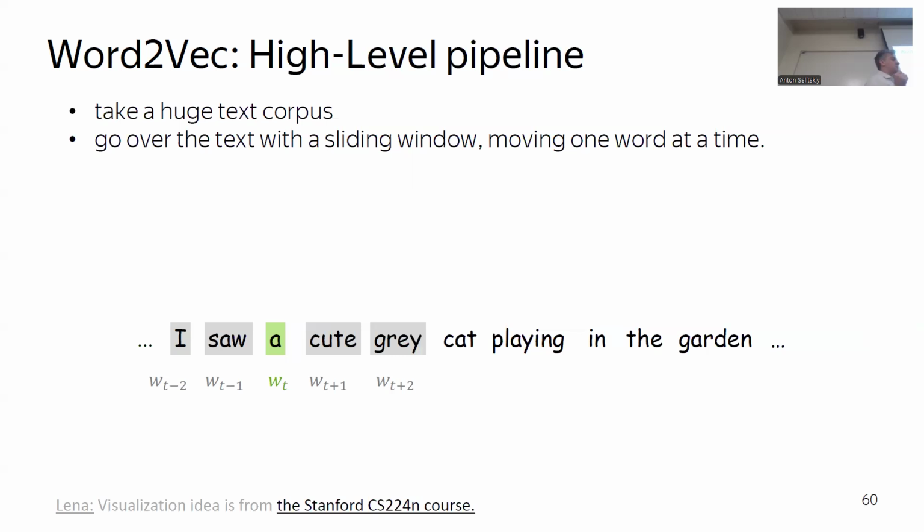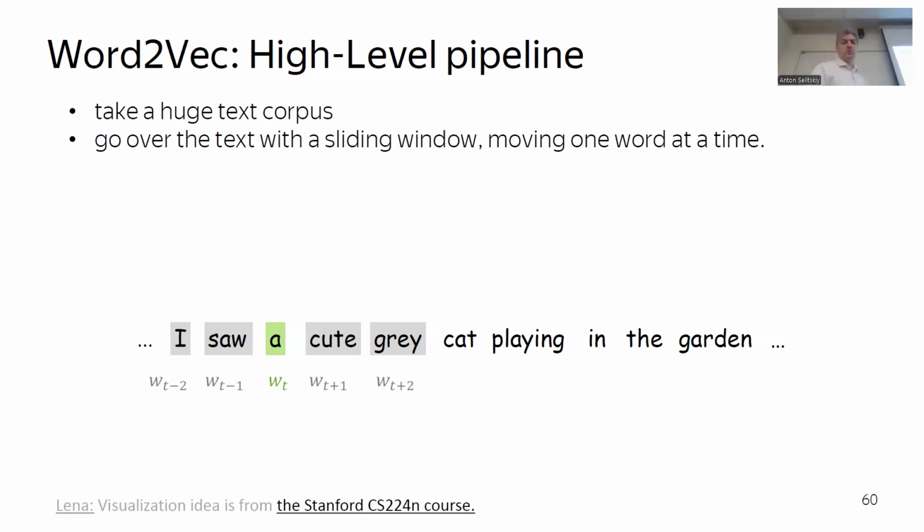How to find these vectors, we will talk a little bit later. For now, we assume that we have some vector representations, two vector representations for each word. And again, we use the sliding window with the central word as the central word and neighbors as the context words.